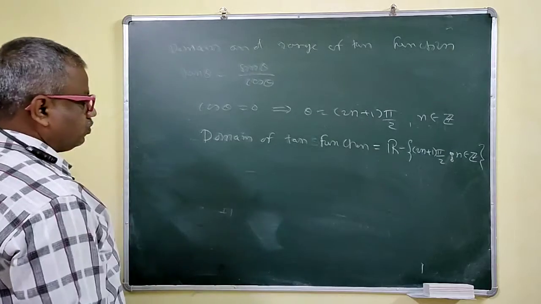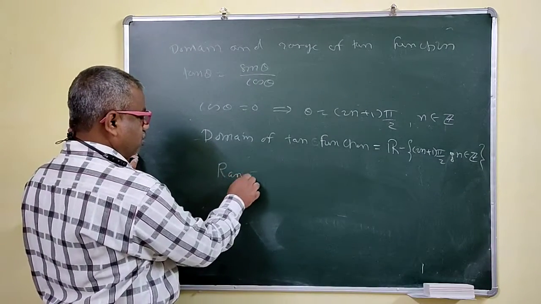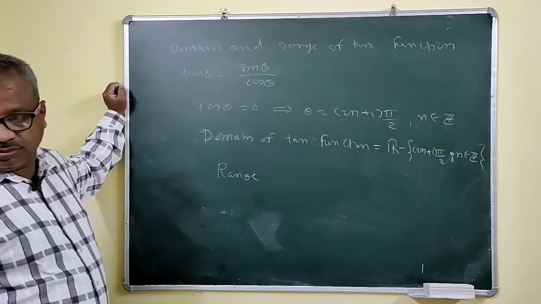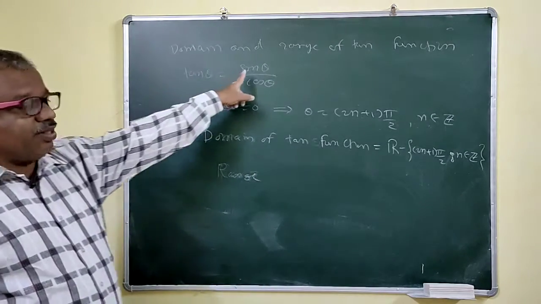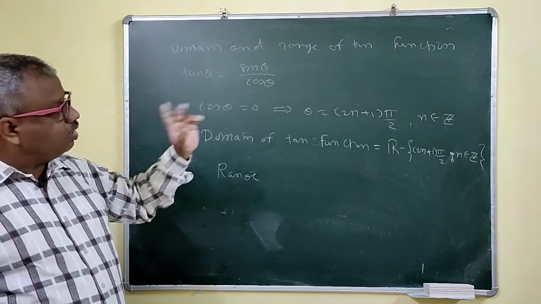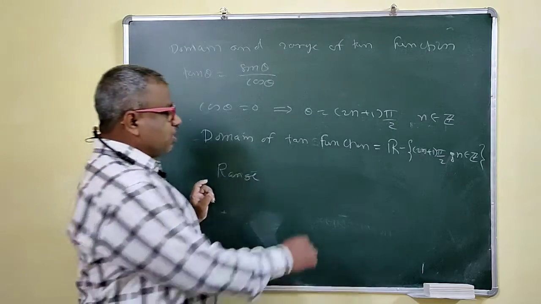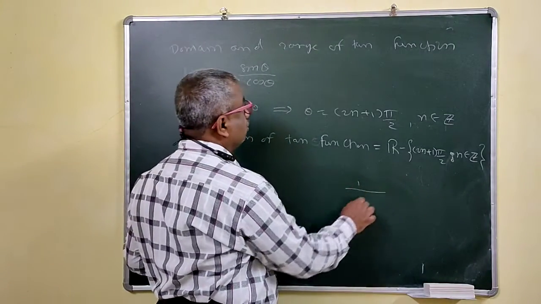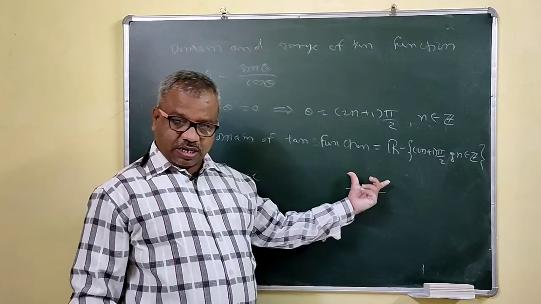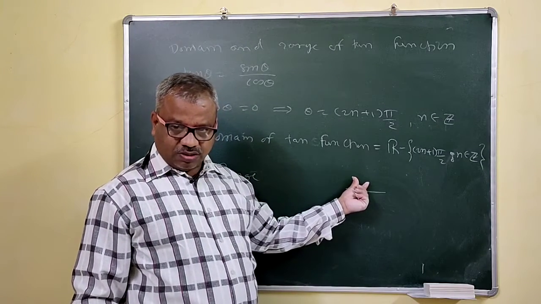Now you have to find the range. See, the sin function lies between minus 1 and 1, and the cos function also lies between minus 1 and 1. This is 1 upon, right? The numerator is always there, but the denominator may be 0 here because sin theta is 0.